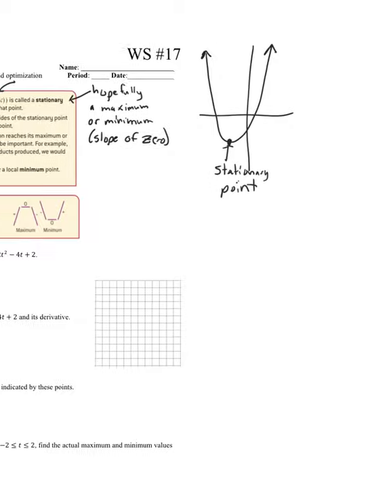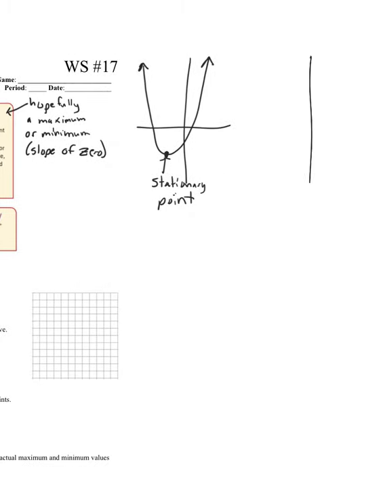And one thing that I said is it's possible that we could have a third degree polynomial that looks something like this, where right here is the slope of 0, but it's not really a minimum or maximum because the function's going up, it's increasing, and slows down, and it gets to slope of 0, but then it starts increasing again.